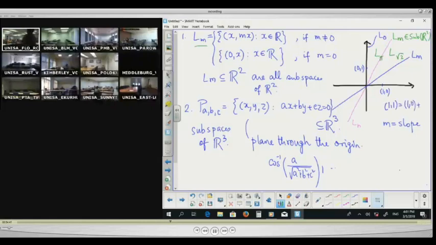So the union of two vector subspaces need not be a subspace. To prove a result, remember, you need a proof. Okay? But to disprove it, you just need a counterexample.